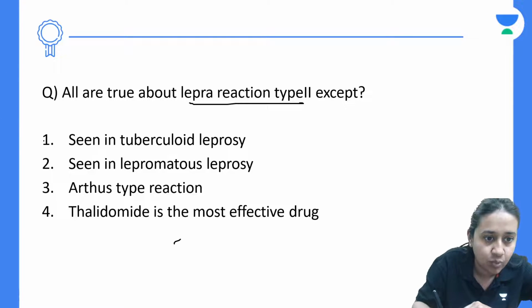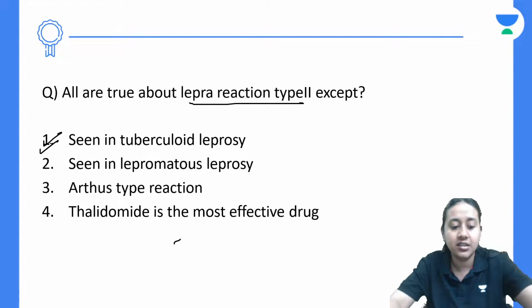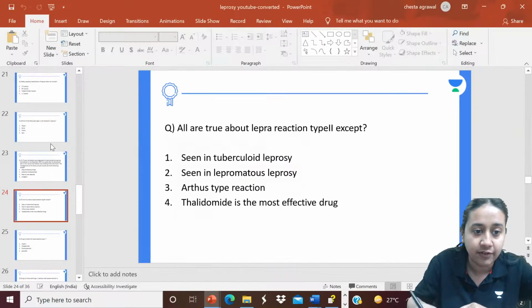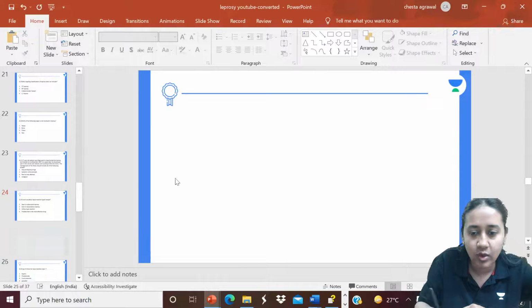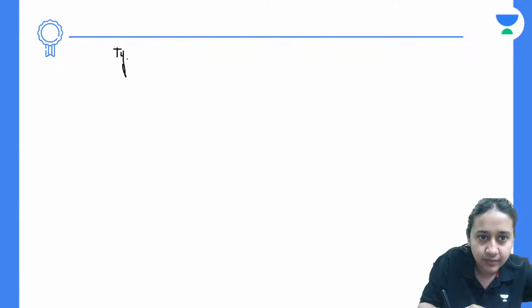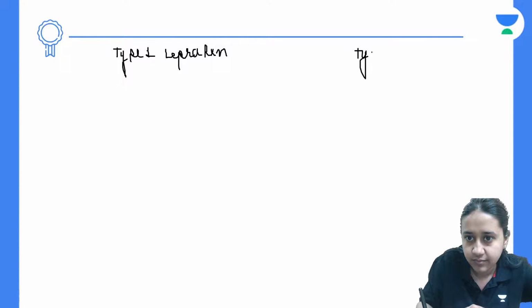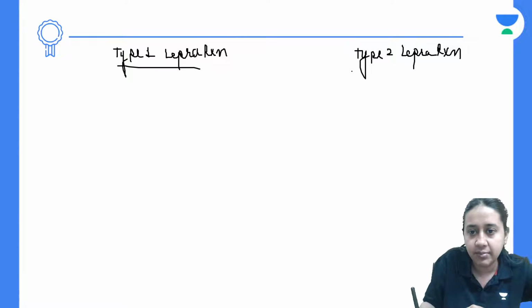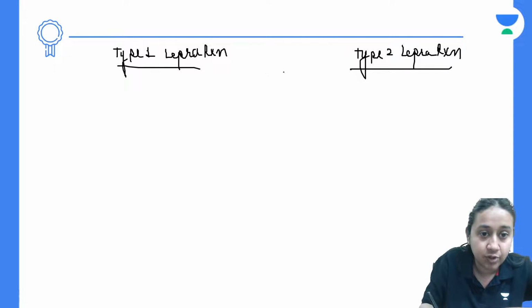The correct answer is option number 1. Now, for understanding this, you need to know what the different types of lepra reactions are and what their characteristic features are. There are two types of lepra reactions, type 1 and type 2.